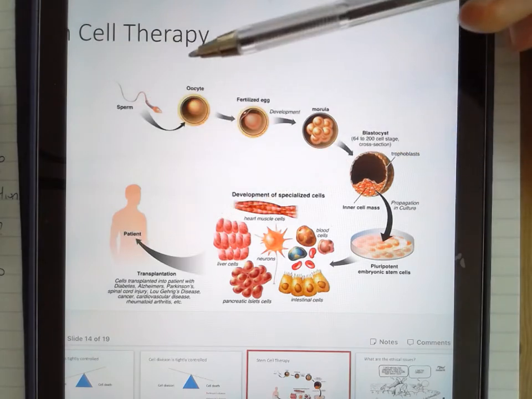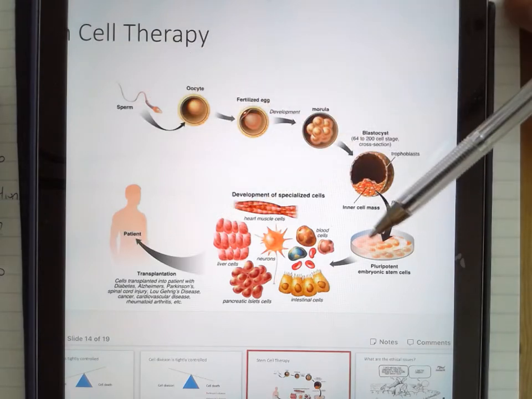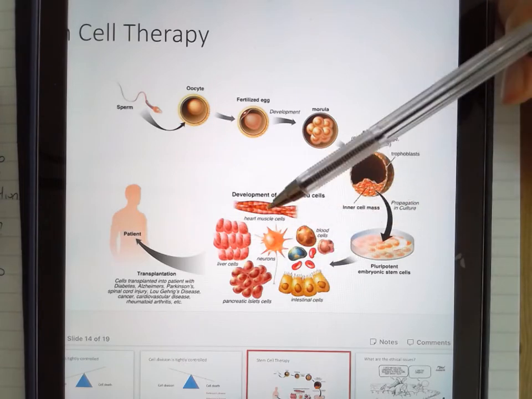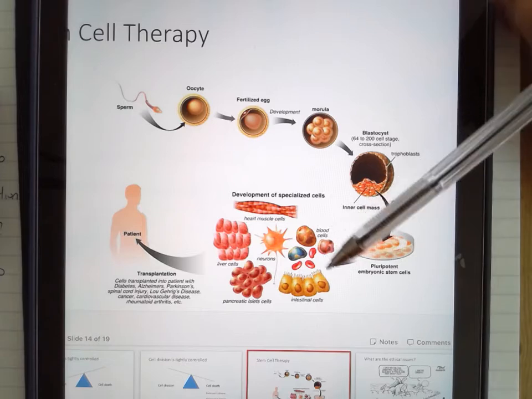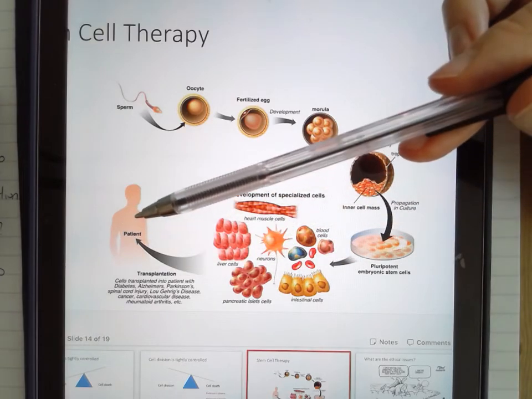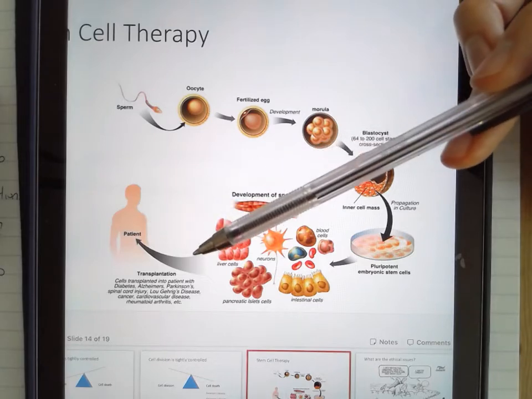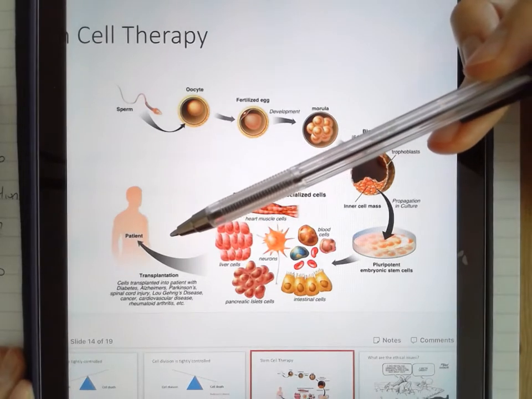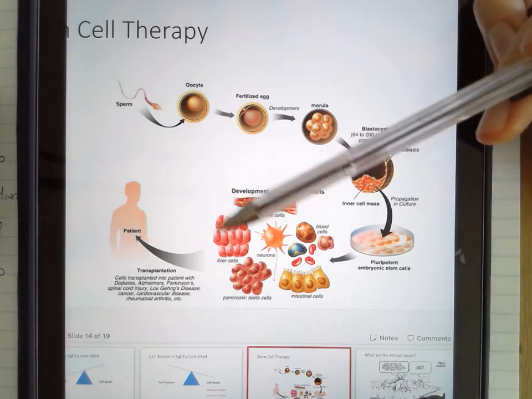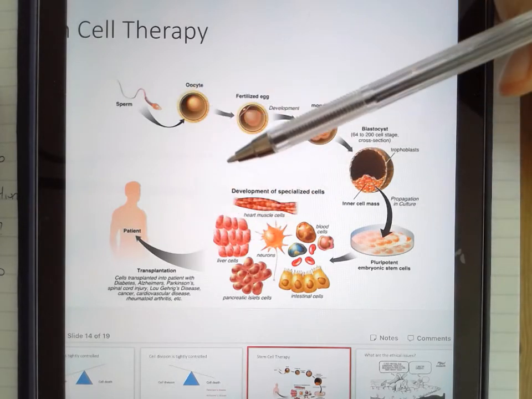Okay, and this is called stem cell therapy. You start with the embryonic stem cells. You give them certain signals to turn them into the specialized cell type that you want, and then you've got all these cells that you can transplant back into the patient. Now, there's all sorts of obstacles to overcome with this. You might be able to spot a few yourself, but that is the general principle of stem cell therapy.